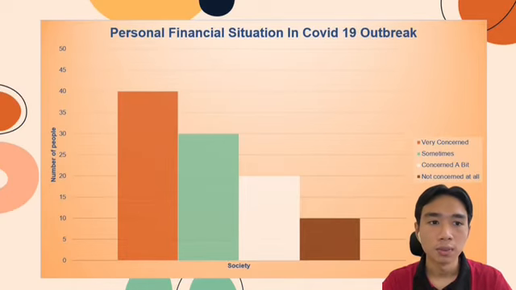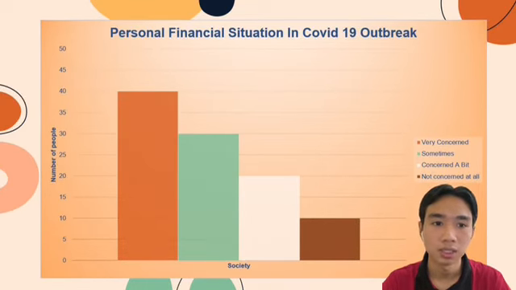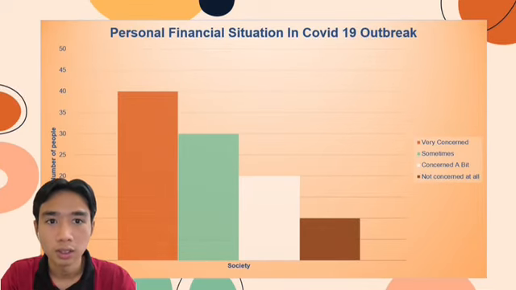Orange refers to very concerned, green refers to sometimes, white refers to concerned a bit, and brown refers to not concerned at all. It can clearly be seen that the orange bar at 40% is the highest, indicating the community is very concerned about their personal financial situation, and the lowest is not concerned at all.